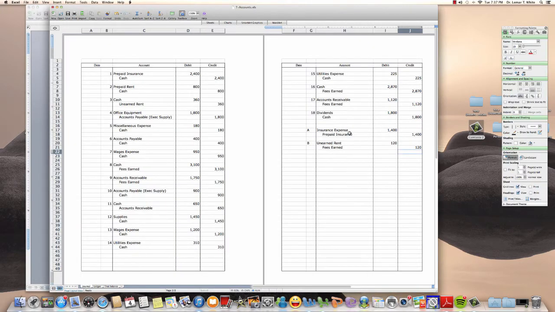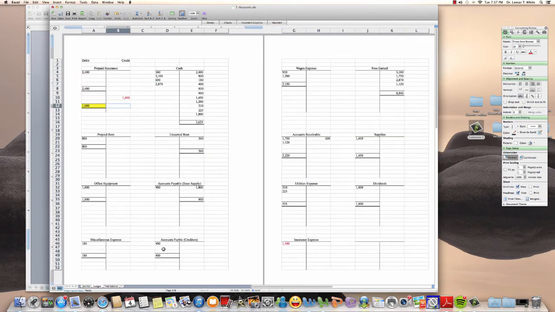Now, remember, whatever I do in my journal, I have to do in my ledger. So I'm going to go to my ledger. I'm going to look for my unearned fees account, which is here. You see it has a credit of $360, and then I just made a debit of $120. I'll highlight it in red. And now I'm going to balance this account again.